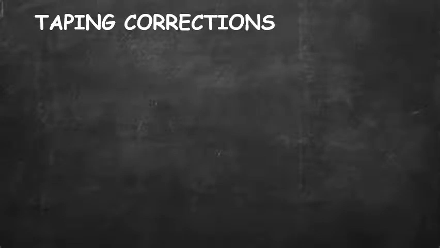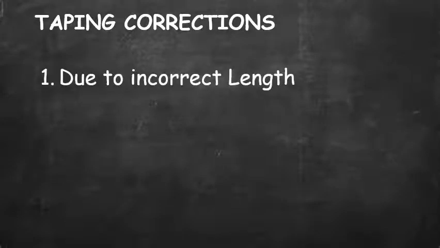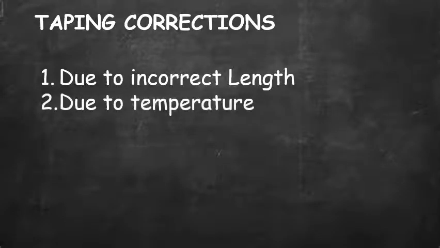So we have here the taping corrections. We have here due to the incorrect length, due to temperature, because the temperature outside varies. Pwede yung ating tape is naka-standard lang into 20 degrees or 20 to 28 degrees.